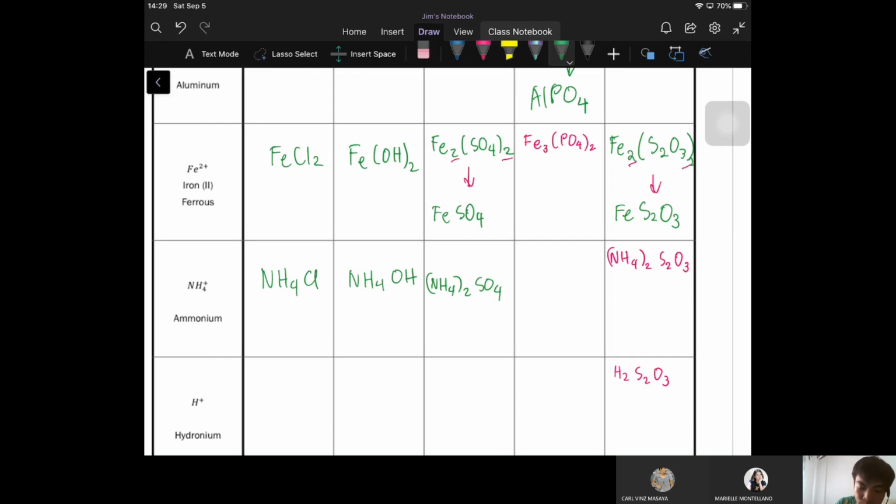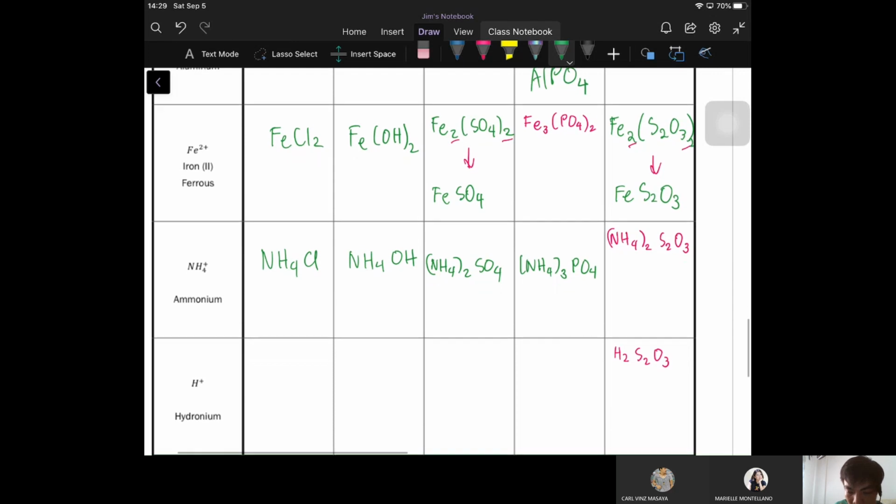Yung 3 na charge ni phosphate, mapupunta siya sa ammonium. So (NH4)3, then yung phosphate (PO4)1. Again, kapag 1, pwede na burahin yung parenthesis. So I can write my final answer as (NH4)3PO4.